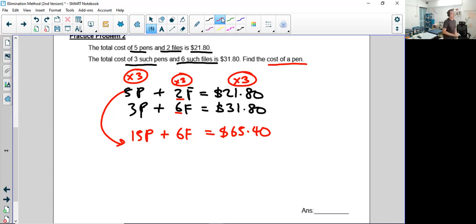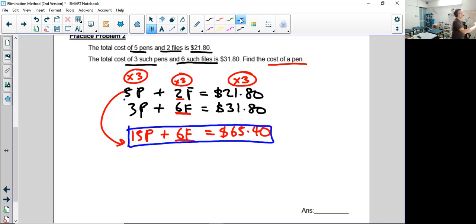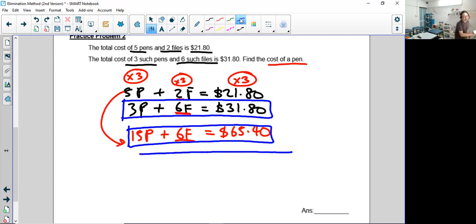And now you can see that the 6 files and the 6 files are equal already. So you can minus. So how do you minus? You take the below statement, and you minus the top statement, okay?